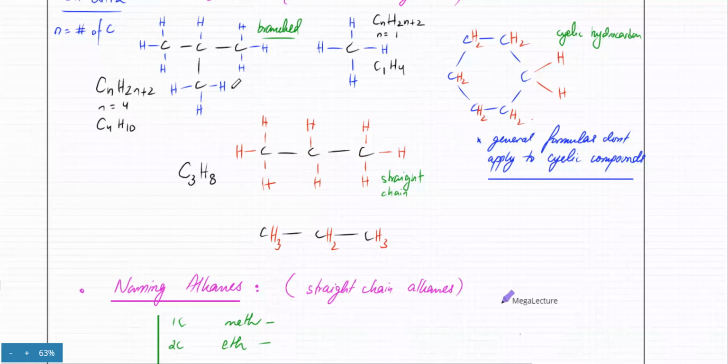These are branched, where the carbons are not in a straight line. They're kind of like a tree with branches. These are cyclic, where the carbons are connected in a cyclic structure. These are straight chain molecules, where the carbons are all one after the other.